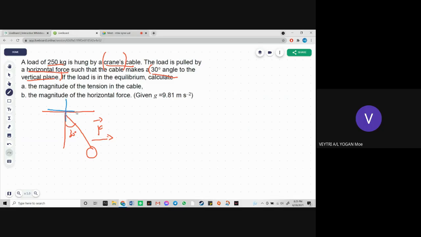You guys know Cartesian plane kan, belajar dekat mathematics, x and y axis. Sini x, sini y. Okay? So what do you do? Kan force dekat bawah. The moment it's downwards, bring it up. What do you do? Make the diagram upside down so that everything is above the x-axis. Okay? So that everything is above the x-axis.